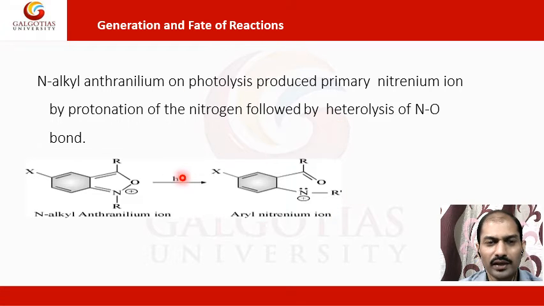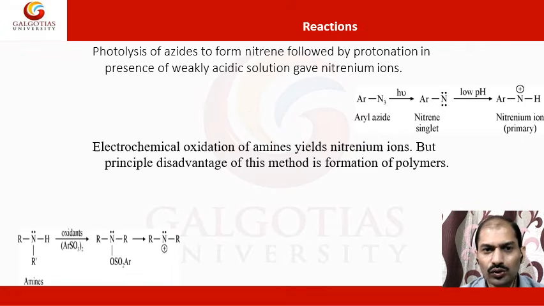So by this way you can generate them, and the particular reaction will decide the fate of a reaction as well. Here, in the reaction, photolysis of azides forms nitrene, followed by protonation in weakly acidic solution, which gives nitrenium ions. Here you can see aryl azides, singlet nitrene, and further it will give you the nitrenium ion.